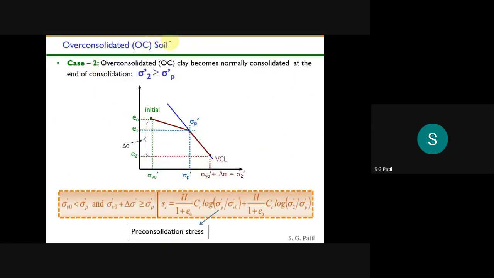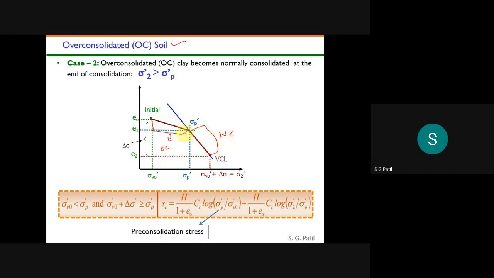What is case 2? Case 2, again we are in OC soil only. In case 2, due to construction of your structure, you are now suddenly entering into the NC region. So this is my over consolidated region, and this is my normally consolidated region.